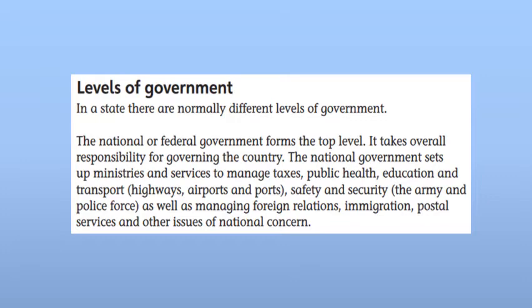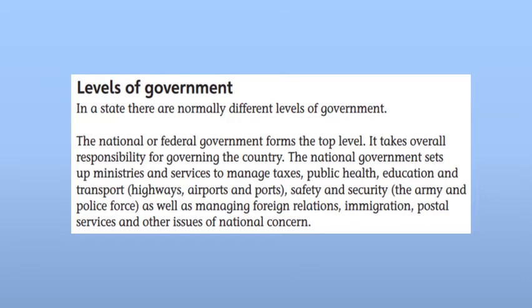So here we are going to discuss what the roles of the different levels of the government are. First comes the national government, or you can say the central government. You can also say that it is a federal government, a government that runs the entire country at an overall level.